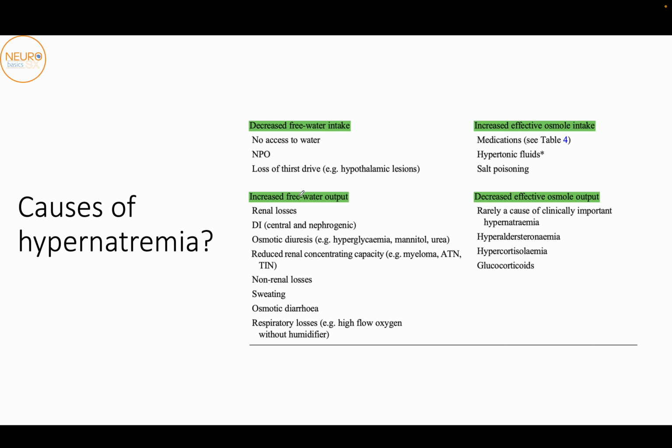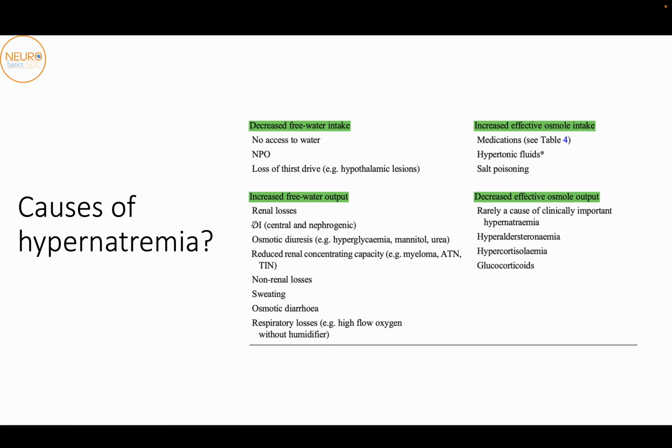Hypernatremia can happen either because there's a problem with free water or there's a problem with osmoles. Okay, so just one thing is in hypernatremia, you've either lost free water and that is what is causing sodium levels to be high, or for whatever reason, you've got a high level of sodium itself. Right, so the problem can be because of decrease in the free water intake, as we've already discussed. The patient does not have access to water, or they just don't have a thirst drive. It could also be because you're putting out a lot of free water.